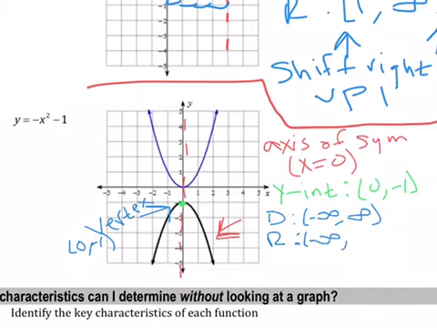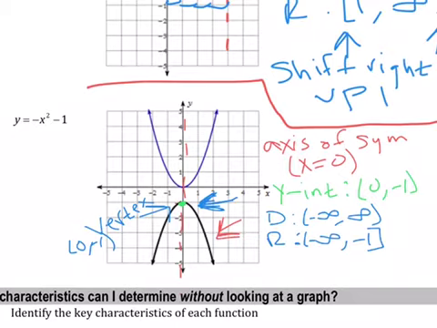However, its highest value stops right there at its vertex, which we know is -1. Now, I actually made a mistake right there. -1, remember, is included in that range, so that is going to have a bracket when we write it.